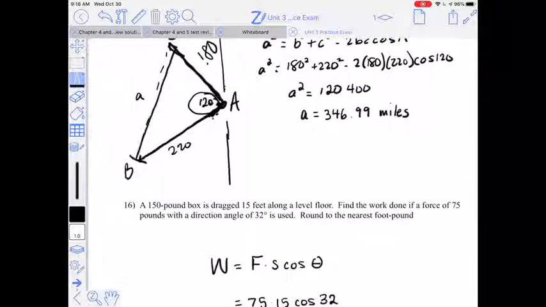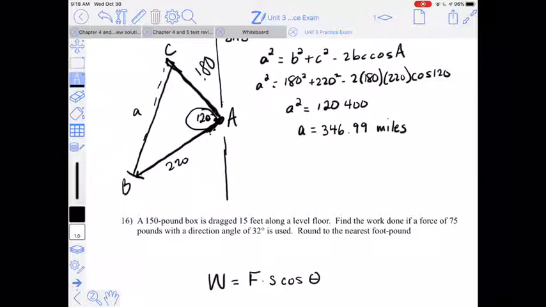Okay. So question 16 from section 4.3, an application of vectors is work. So the formula for work is the magnitude of the force multiplied by the magnitude of the displacement multiplied by the cosine of the angle between the force vector and the displacement vector.